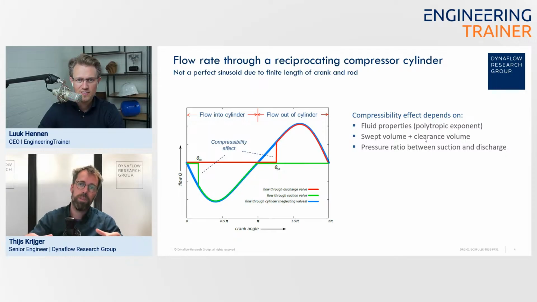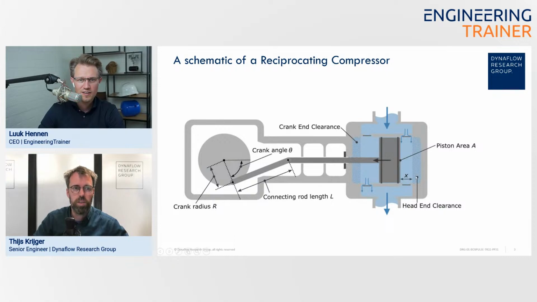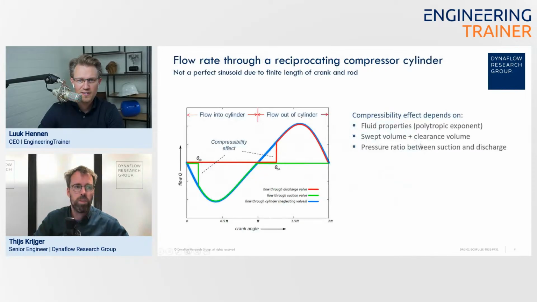So that will be the diameter and let's say the movement, how far it goes up and down. Yeah. But also, I didn't show that before that much, there's always some volume that the piston doesn't sweep. Yeah. So basically there's some volume that does not get compressed. And then the ratio of, let's say, the compressed volume and the non-compressed volume determines also how much compression can take place. Yeah, that makes sense.